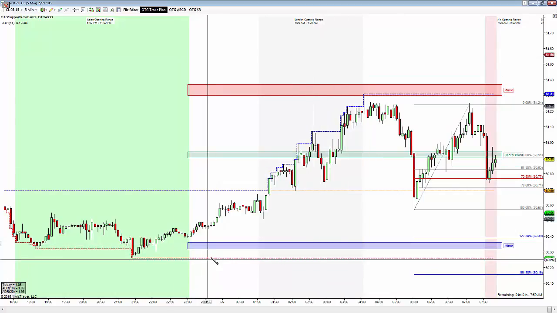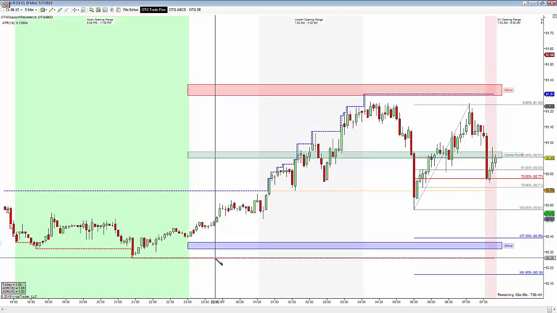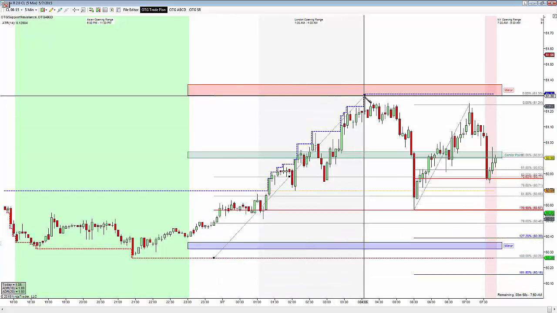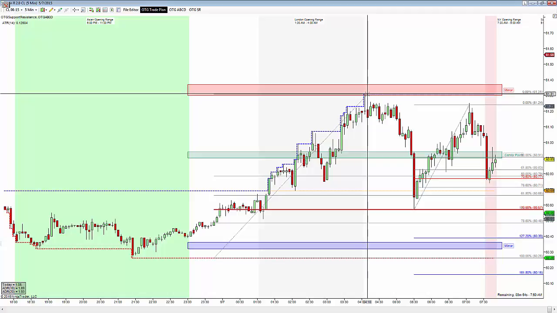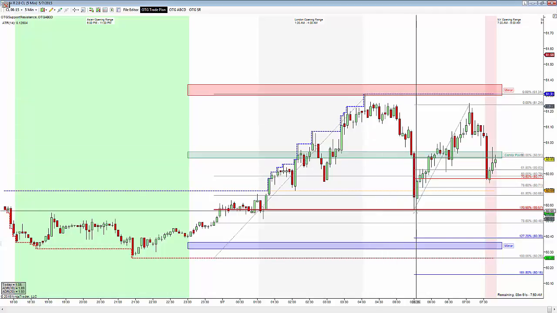In this case, it was the daily low up to the daily high. That gives you a sweet spot right here, 535 this morning.